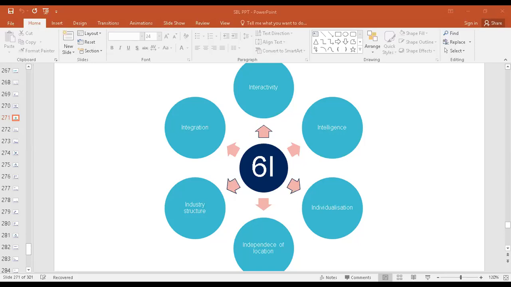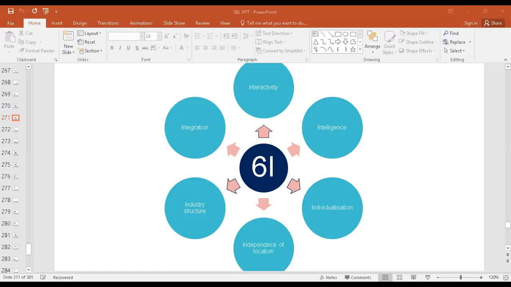It may not be an actual human being present there, but a bot or a chat message which comes up asking what you are looking at. Then, whatever the requirement of the customer, things can be catered accordingly. That is interactivity: interacting with the customers to understand the mindset of the customers.